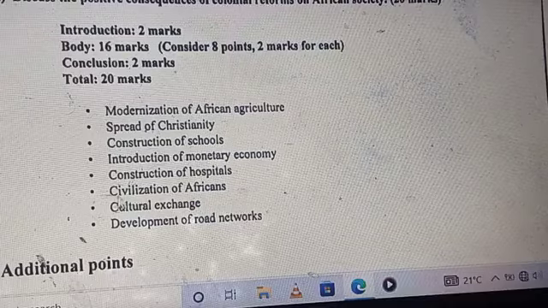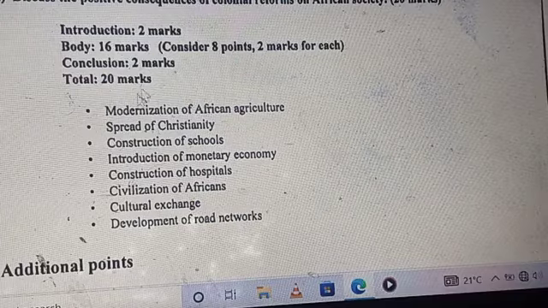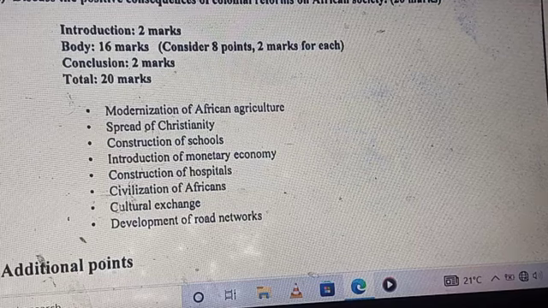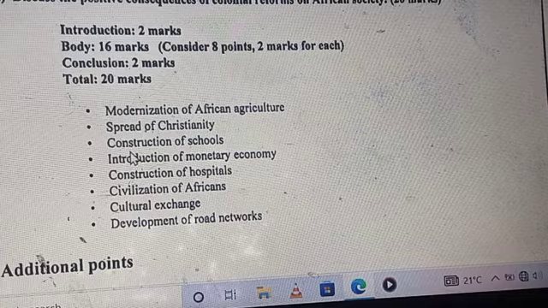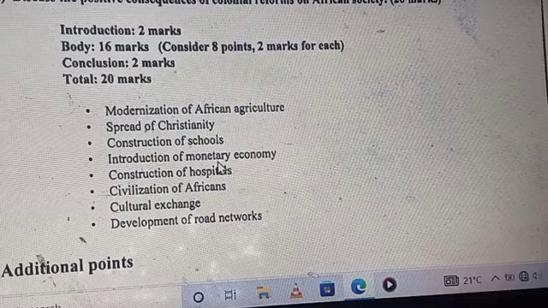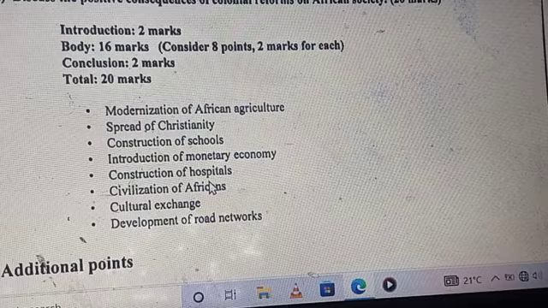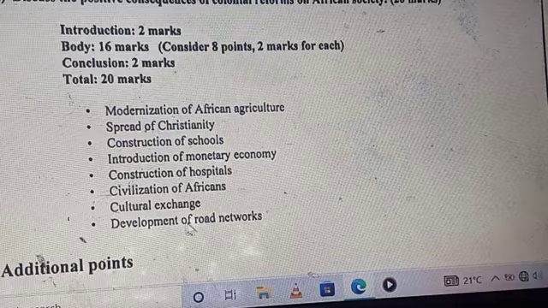In this question, you must have 3 parts: introduction, body, and conclusion. The main ideas about positive consequences of colonial reforms on African society are: modernization of African agriculture, spread of Christianity, construction of schools, introduction of monetary economy, construction of hospitals, civilization of Africa, cultural exchange, and development of road network.